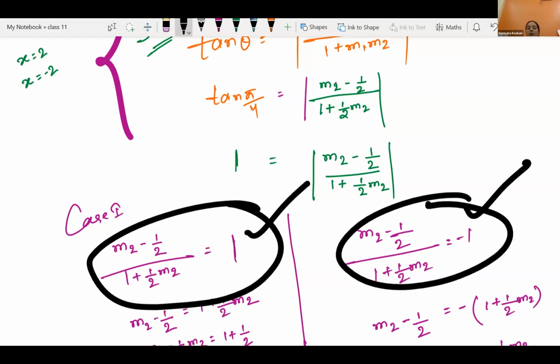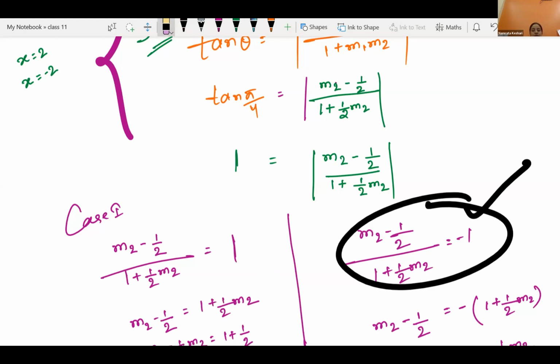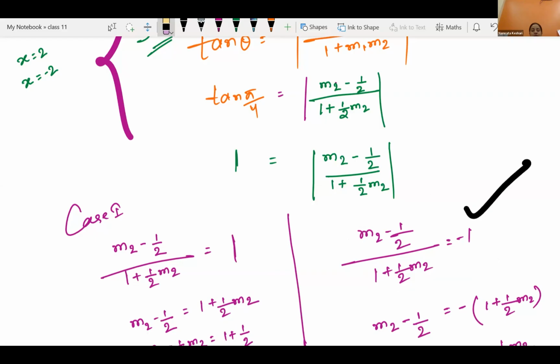Now I am leaving this on you to solve for m2 and tell me what is m2. Please solve it. Solve case 1 and case 2 and tell me the m2 value.